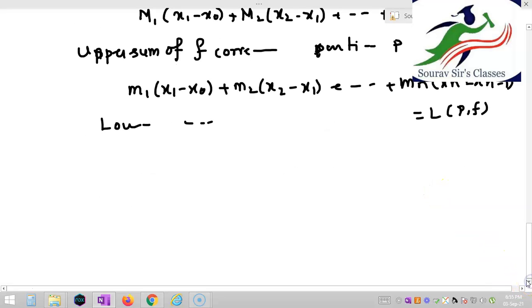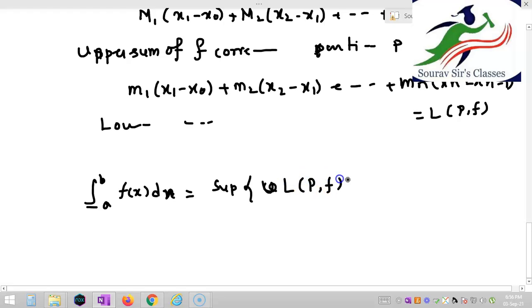Now we are considering two notations. The lower integral, integral from a to b of f(x) dx with a lower bar, is equal to the supremum of L(P, f) such that P belongs to script P[a, b]. Script P[a, b] means the set of all partitions on the closed interval AB.